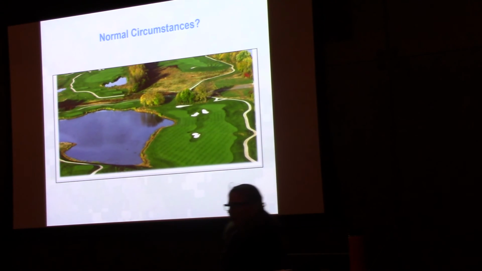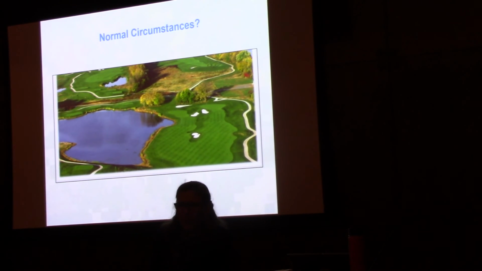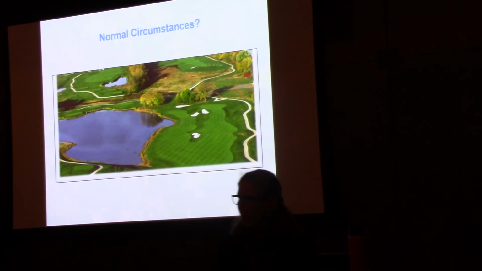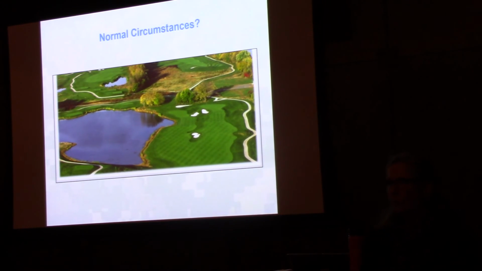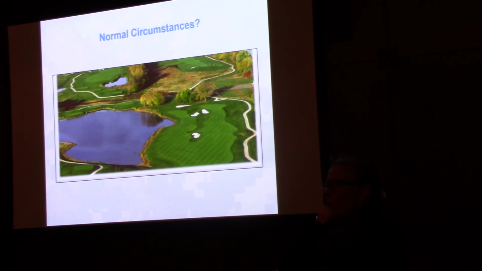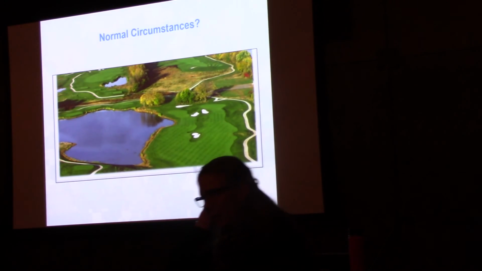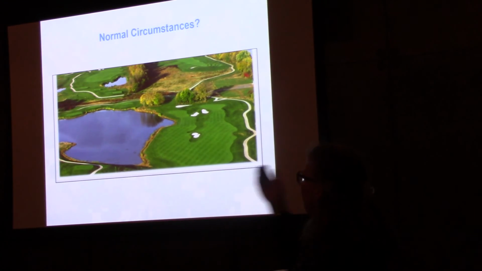As a golfer, I'm kind of sad to see a lot of golf courses going under and being changed into developments. And so I know that people are doing golf course delineations. Normal circumstances? Permit. I think I would want to hear a resounding no. Yes, it may have been permitted.